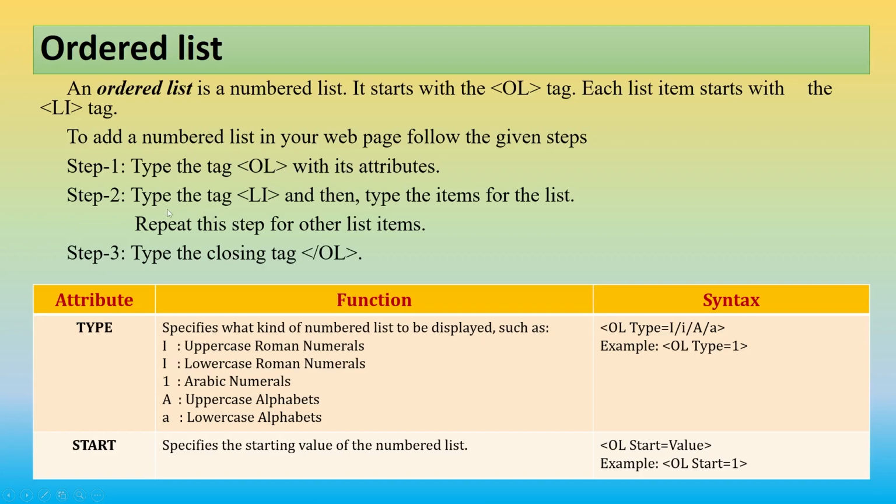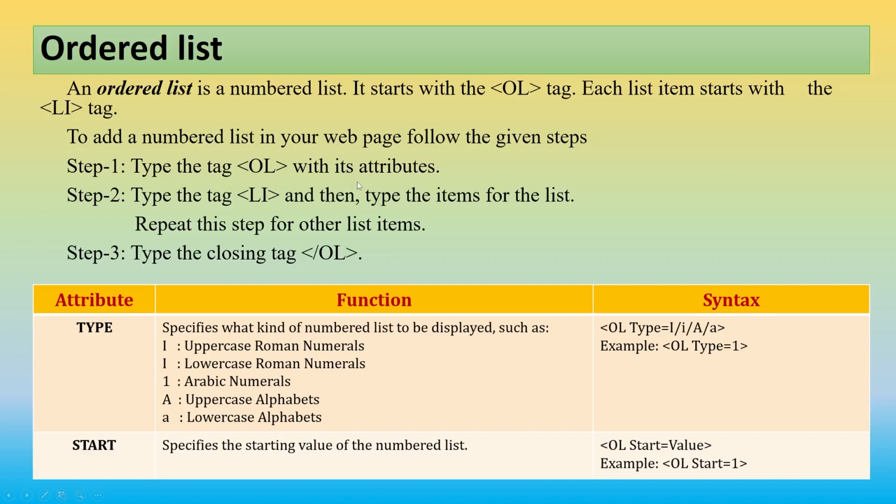Then step 2 says type the tag li and then type the list item, and repeat this step for the other list items. So we need to specify the tag li before every list item that we want to insert in the list. If we have 10 items in our list, we need to write li 10 times.